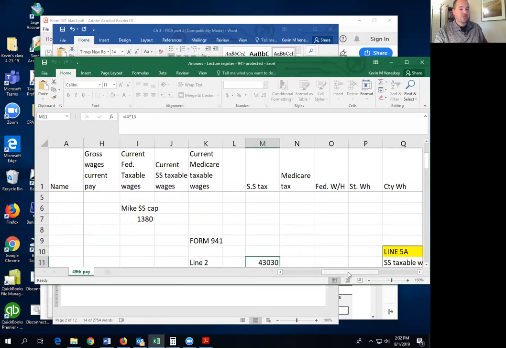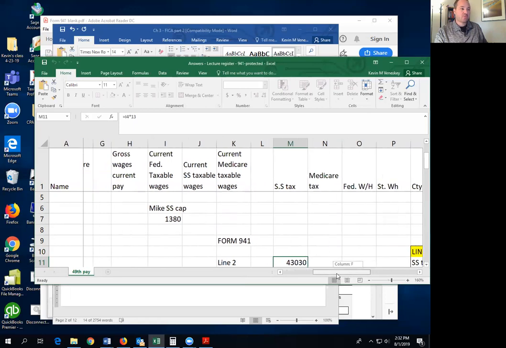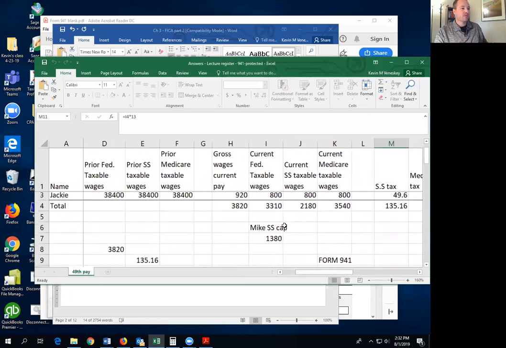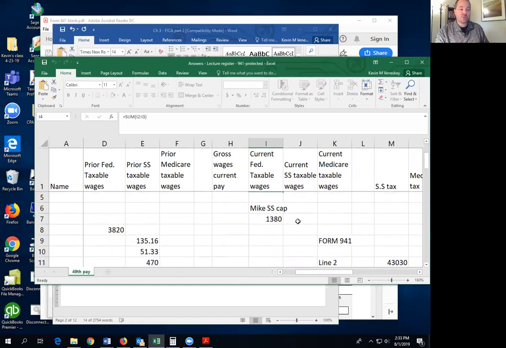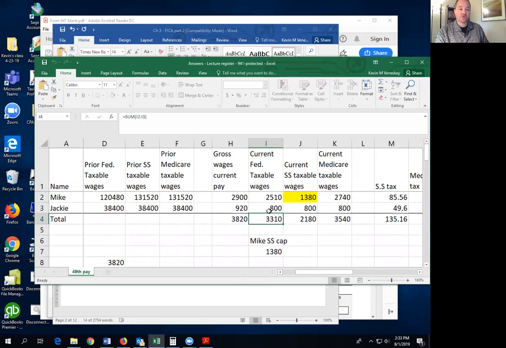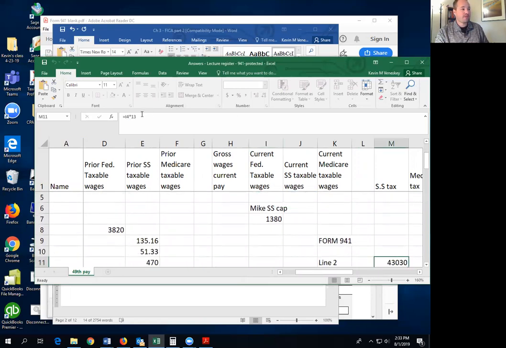So we look at line 2. Remember that was your federal taxable wages. So if I go up here to my federal taxable wages, and I know that every quarter has 13 weeks, I can easily determine line 2 just by using my payroll register. I take this column I4, you'll see I did that here, I4 times 13 weeks because this is a job that pays per week.